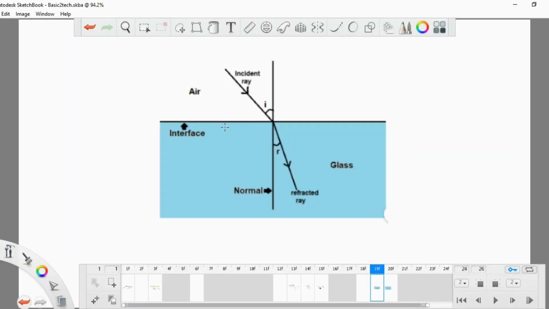When light crosses a boundary or interface between two media, for example, air going into a next medium, which is glass, it bends. This is called refraction.